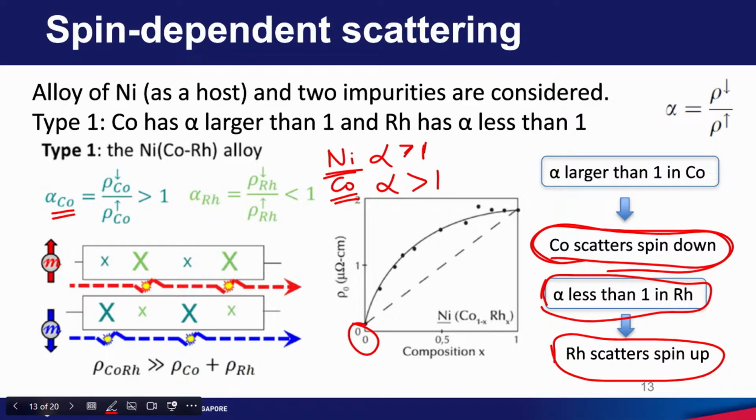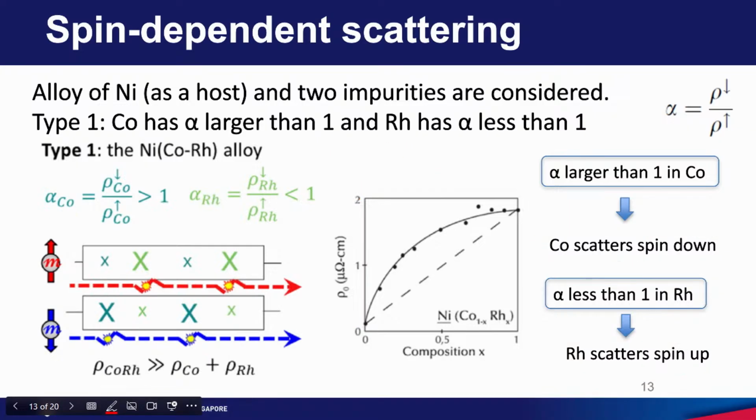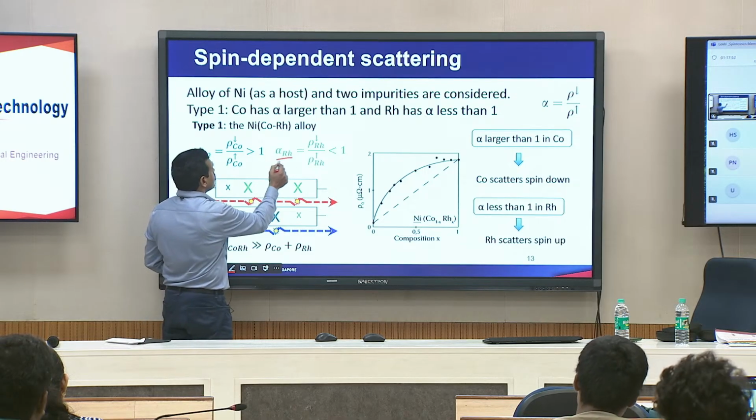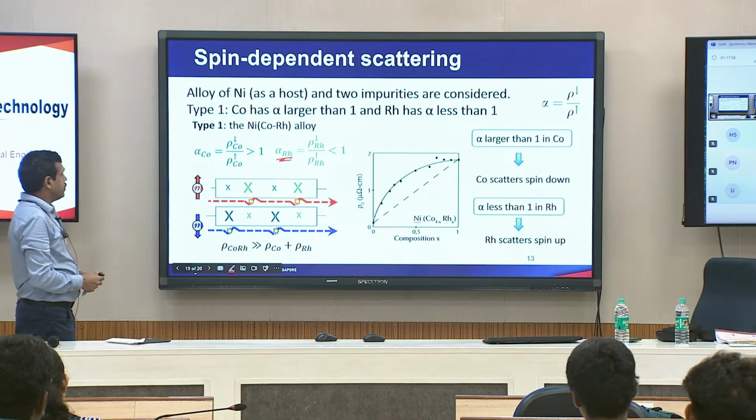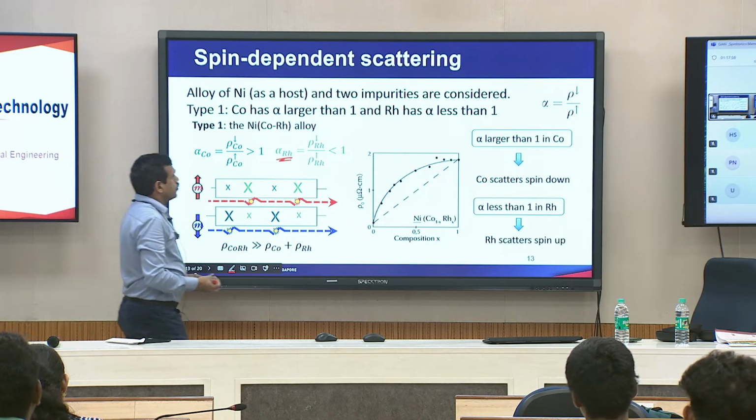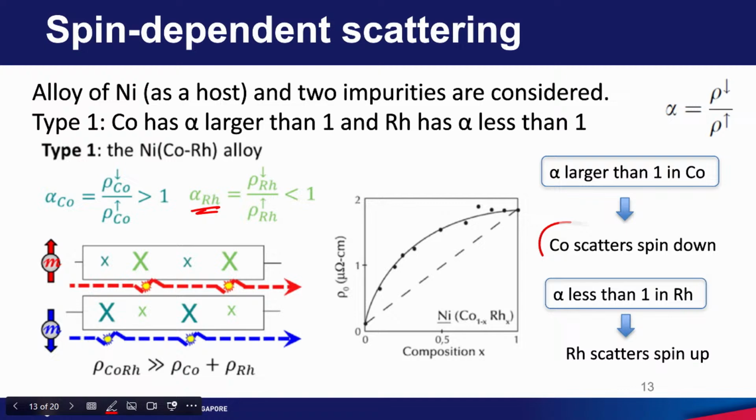So, you can notice that this dark green color represents the scattering from cobalt, and the light green color represents the scattering from rhodium. Okay. So, cobalt scatters spin down electron.